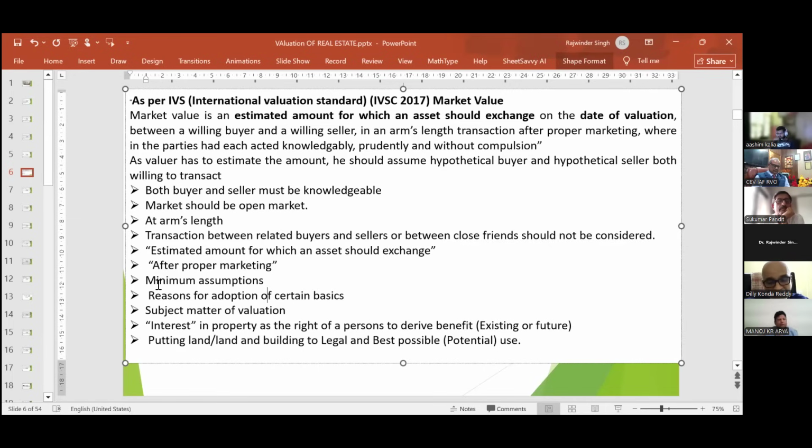But you have to get some document so that in case your assumption is objected to, you are able to defend it. So we should minimize our assumptions in order to have consolidated and fair market values, with minimum assumptions and more documentation. Any other doubt?